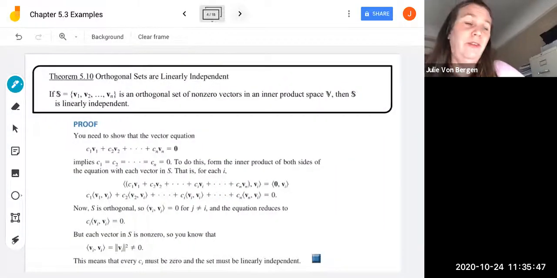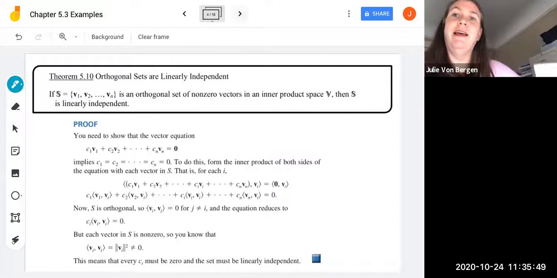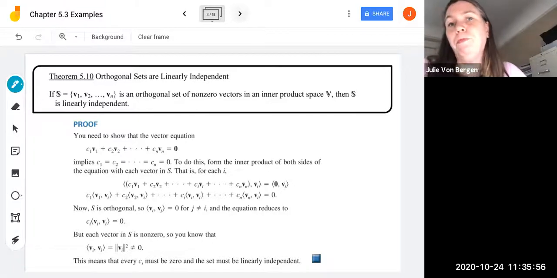So this brings us to theorem 5.10, and that says that orthogonal sets are linearly independent. So let's see why this is true. What the theorem is saying is that if S is the set of vectors V1 through Vn, and it's an orthogonal set of non-zero vectors in an inner product space V, then that set S is going to be linearly independent.